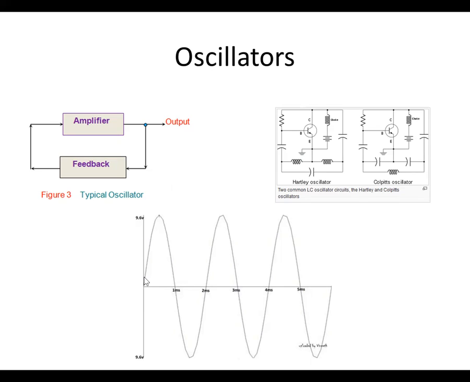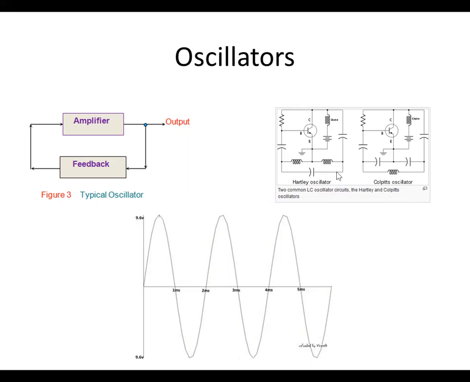It'll be designed such that it generates a fixed frequency, constant amplitude sine wave that you can use to modulate the voice signal. There are also variable frequency oscillators, where the frequency can vary by the design of the circuit.